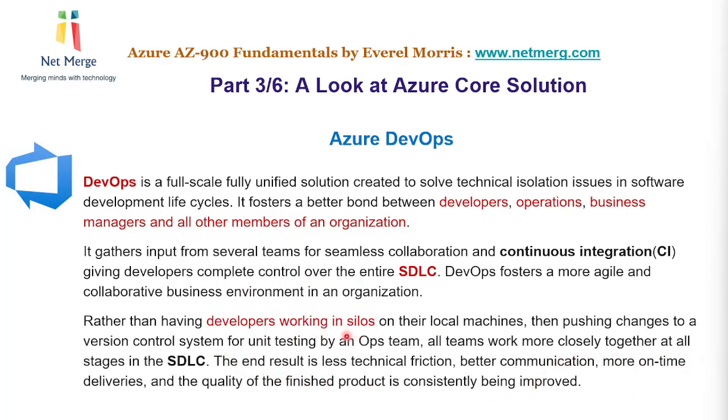So rather than having developers working in a silo like we did in the past, when I gave an overview, on their local machine, then pushing changes to a version control system for unit testing by the ops team, all teams work more closely together at this level in the entire SDLC process, and the end result is less technical friction, less finger pointing, better communication, more on-time deliveries, no budget overrun, quality products, and they're finished on time, the right way the first time.